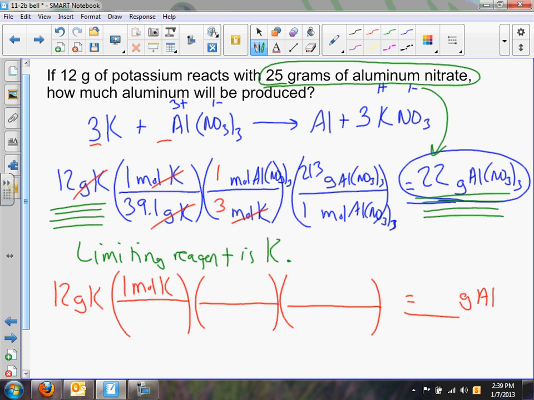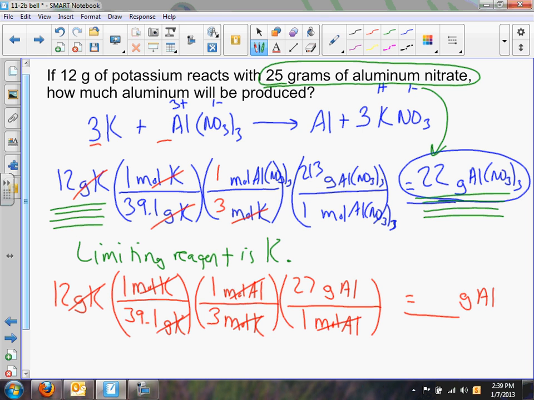1 mole of K is 39.1 grams. Molar ratio, moles of K for moles of aluminum. From my balanced equation, it's 1 aluminum for every 3 Ks. Those are all canceling out. And then the molar mass of aluminum, 1 mole of aluminum is 27 grams of aluminum.